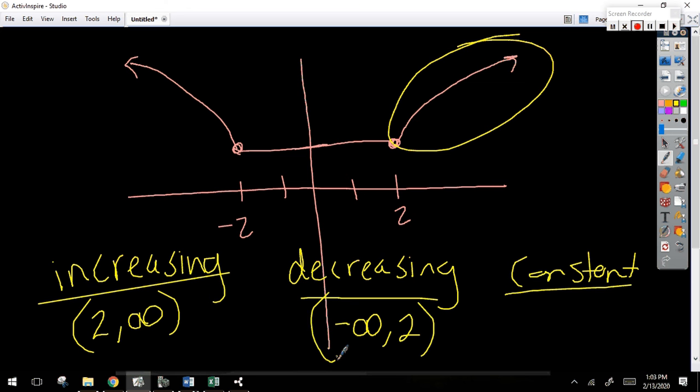Where's it constant? Negative 2 to 2. Anybody struggling with this? Which one is supposed to be negative? Yes, I'm sorry. Yes. Somebody said they're confused about what? Okay.